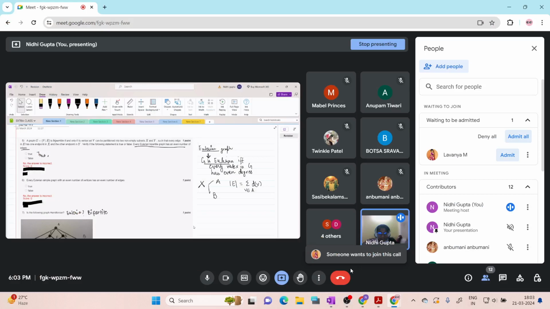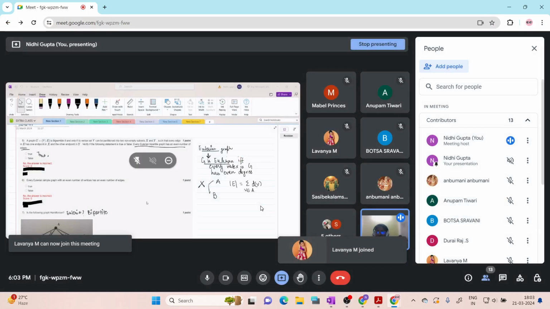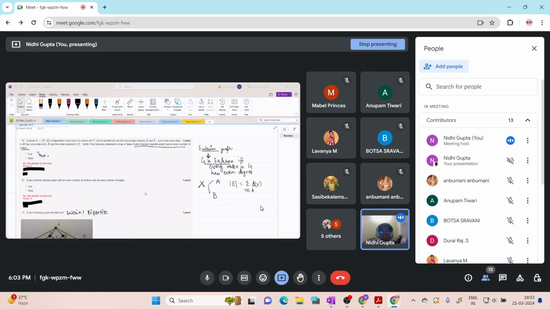Is it true that in a bipartite graph, the number of edges is the same as the sum of all the degrees of one part? True, ma'am.